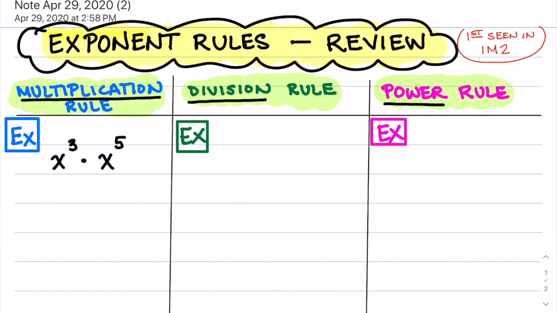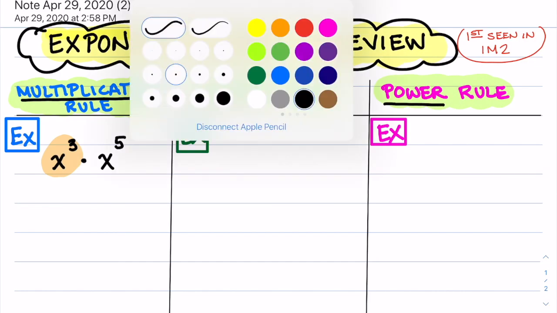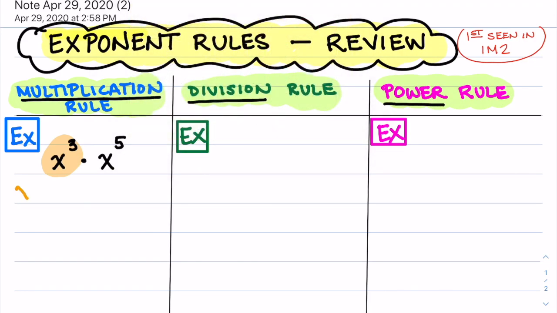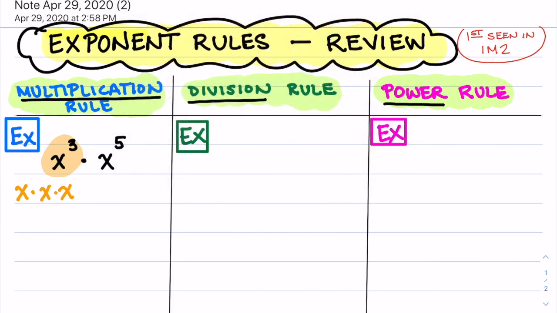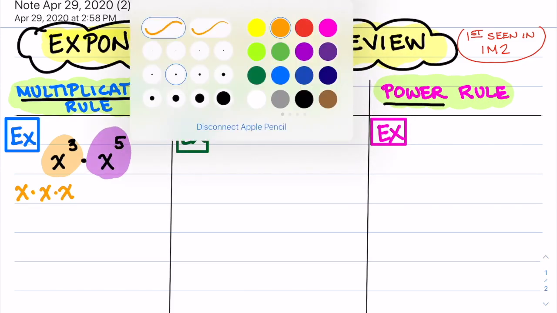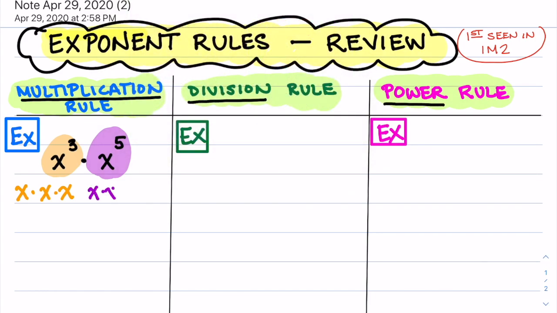So for those of you who understand the basic idea of an exponent, pretty much what this is saying is, if we treat each of these separately, the orange is saying there are 3 copies of the x variable, and the x to the fifth is saying there are 5 copies of the x variable.